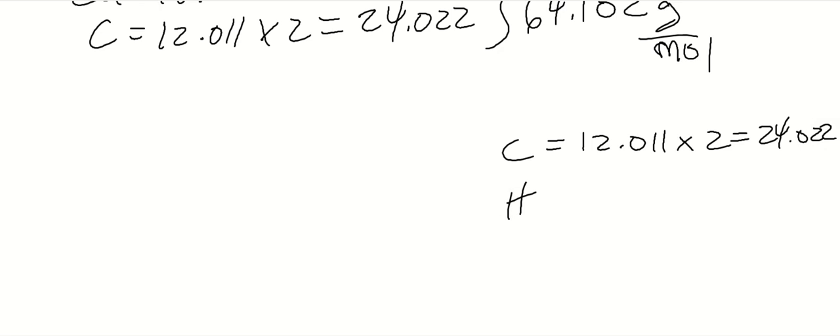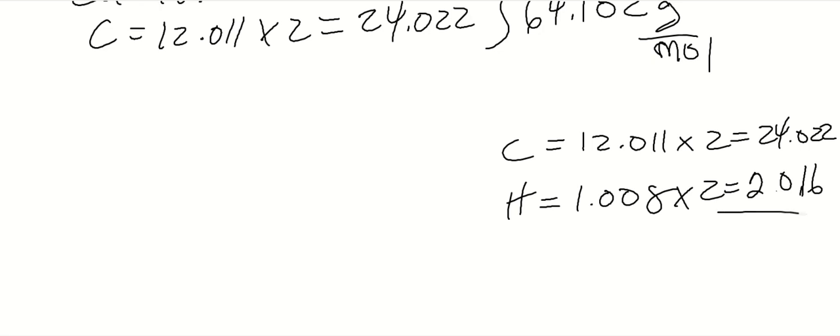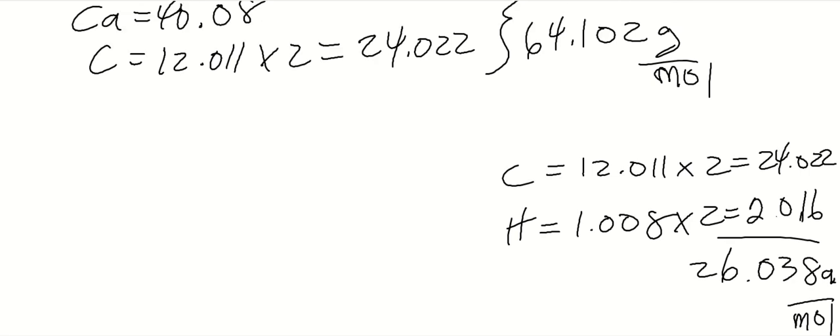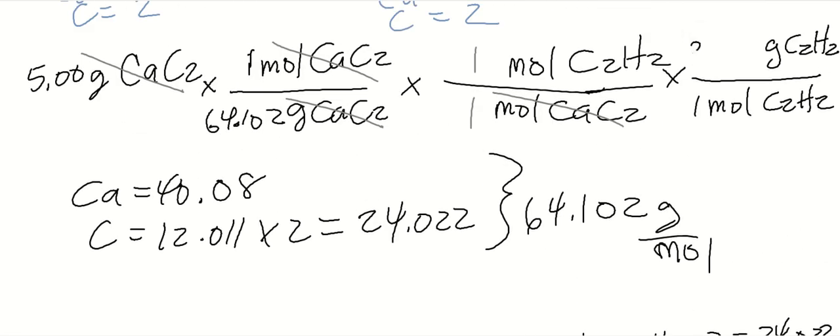H2, let's go with 1.008, giving us 4 digits there. Times 2 is going to be 2.016. Let's add these up. There's our molar mass for acetylene, 26.038 grams per mole.